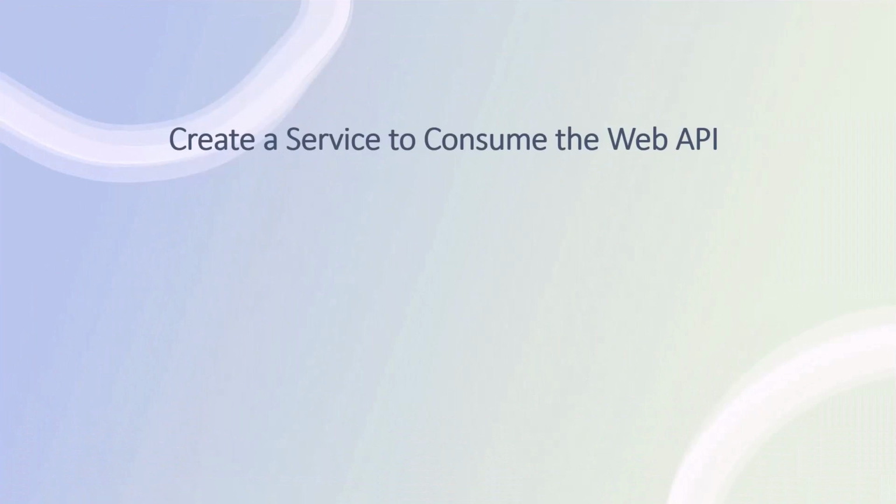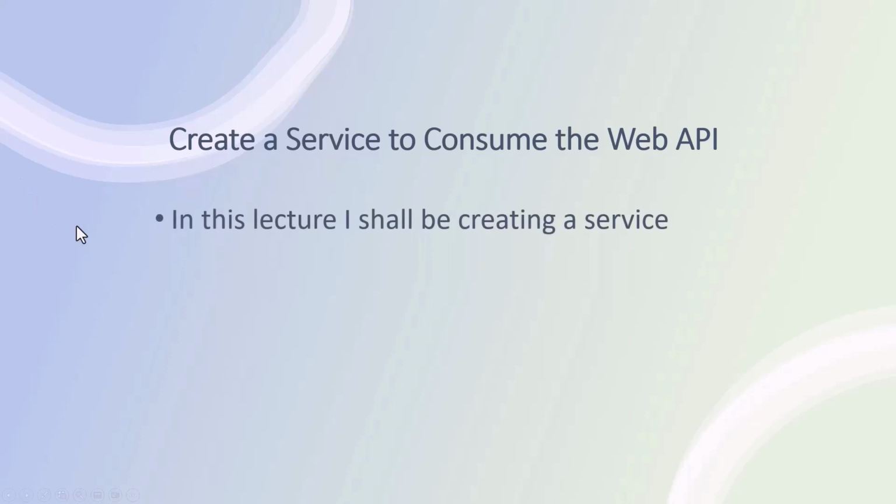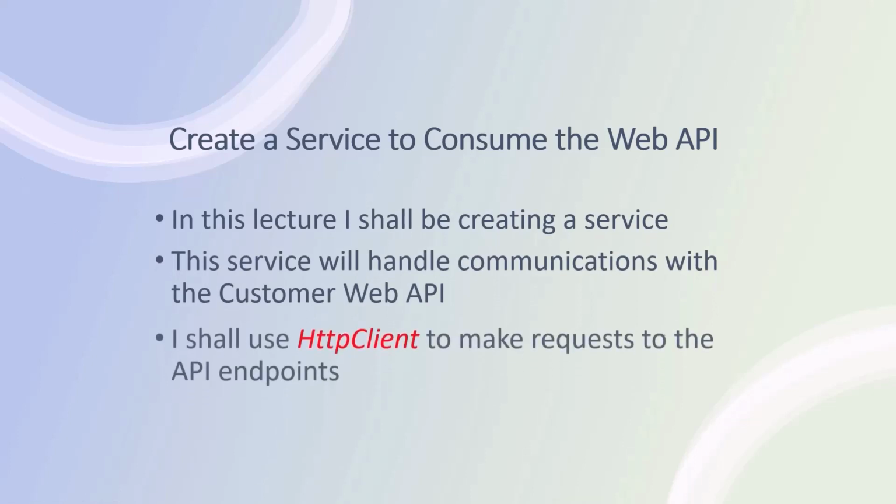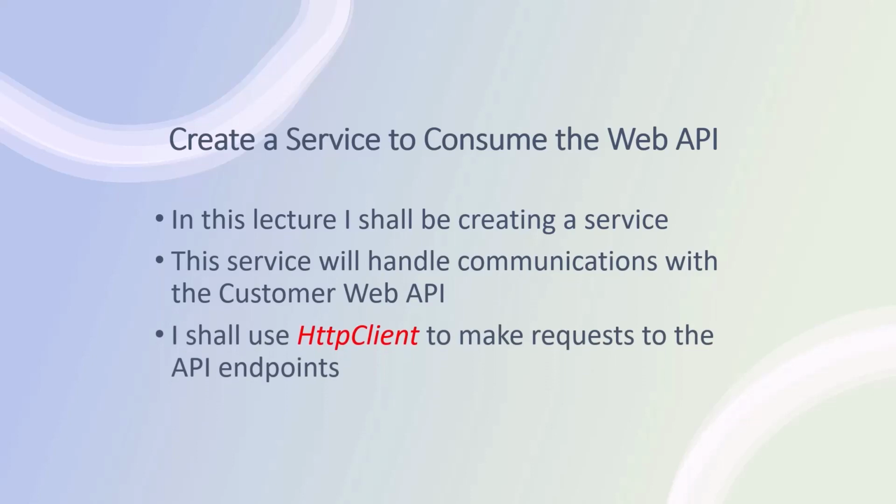Hello and welcome all. So in this lecture, we'll be creating a service to consume the web API. So for that, I'll be creating the service, and this service will be handling the communications with the customer web API, and I shall use HTTP client to make requests to the API endpoints. And let's flip over to Visual Studio.